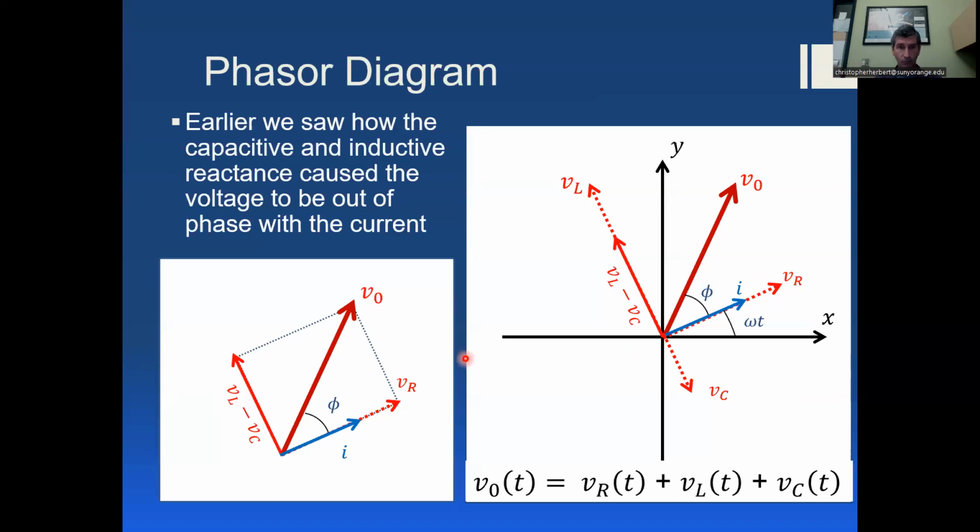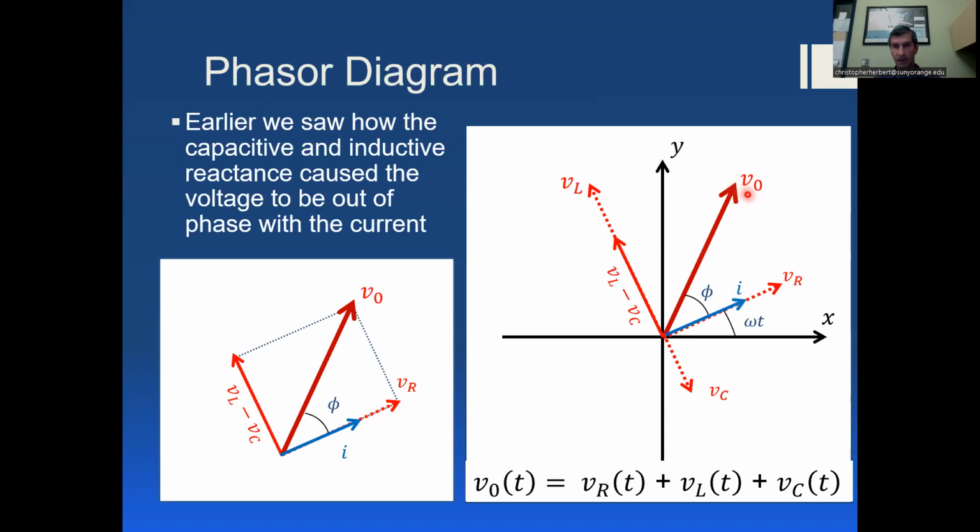So again, if we can either reduce our voltage here, which is reducing our inductive reactance, or increase our voltage here, which is our capacitive reactance, again, we can get a balance and we can bring this vector and this vector closer to one another.